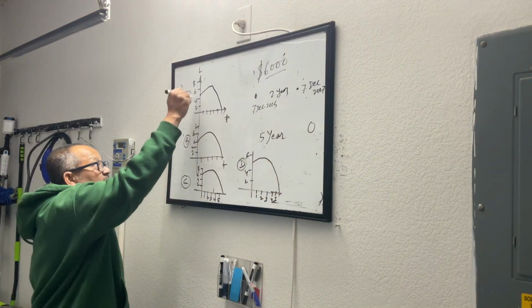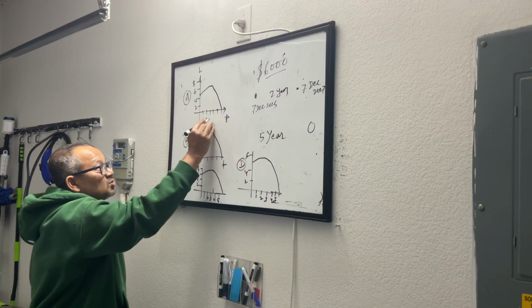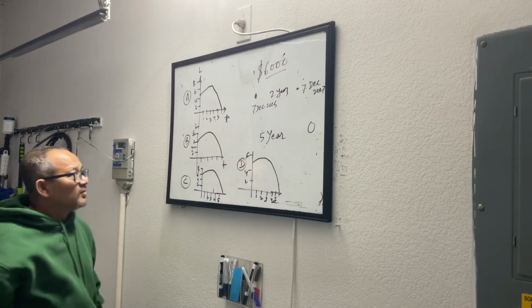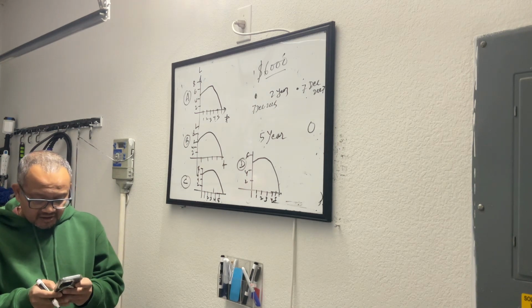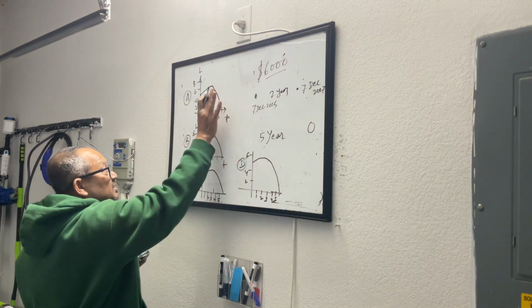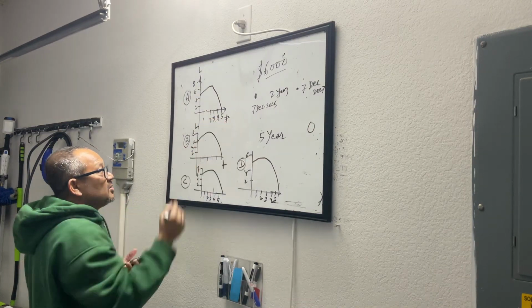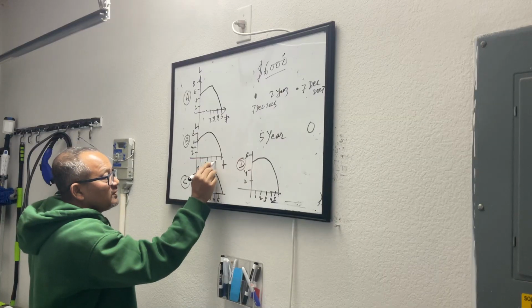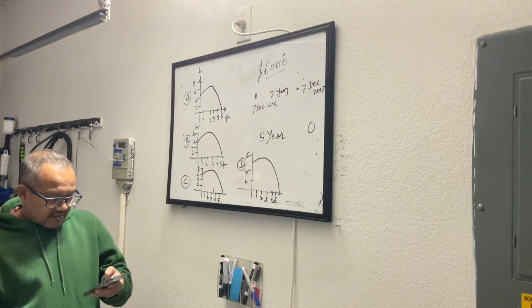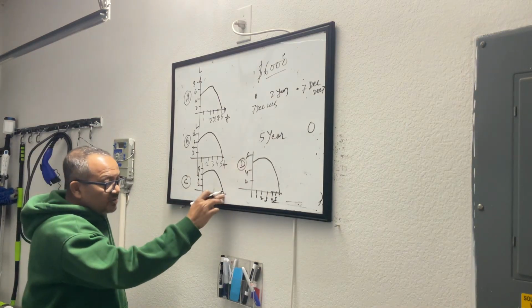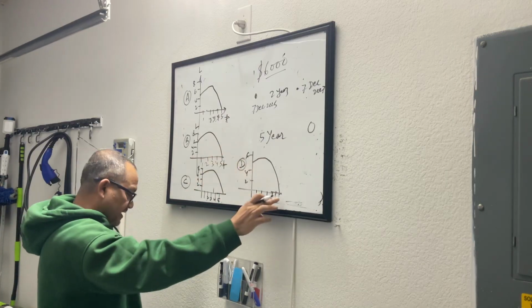First one starts between 4 and 6, goes a little above 6 and comes down. It is meeting at 5. B is meeting at 5. And then C is starting at 6, going beyond 5. And D is starting between 4 and 6 and going beyond 5.